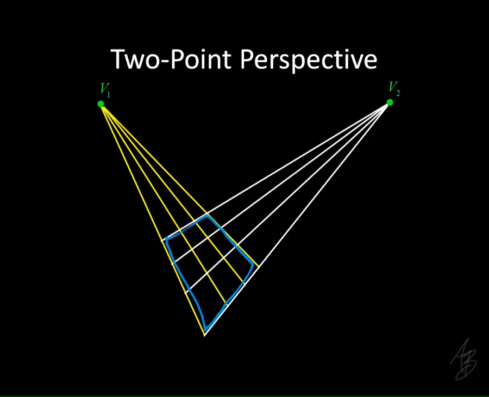Now, we can make more parallel lines from this picture. So, if I were to draw this line here, who can tell me how I could draw another line that I know is parallel to it? Make it start where it starts.